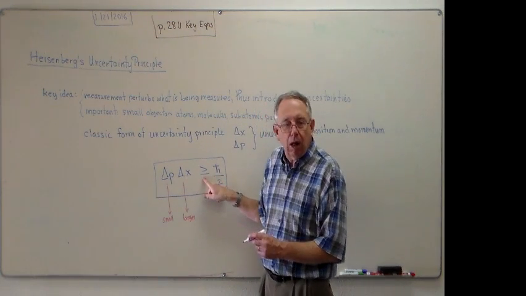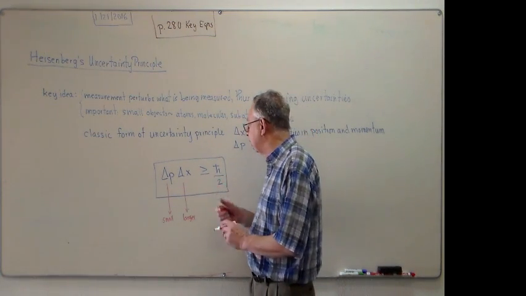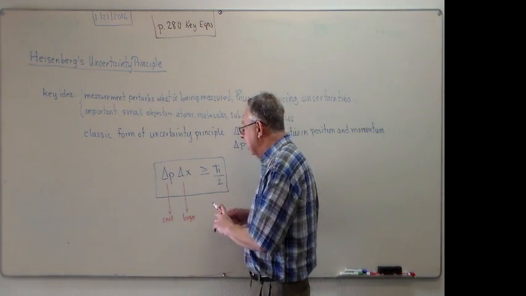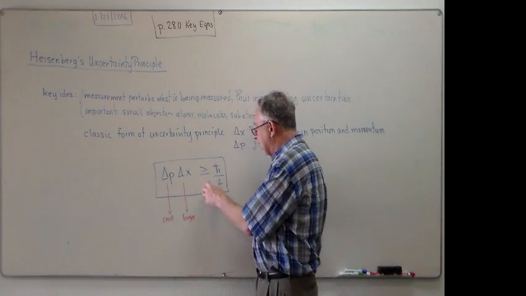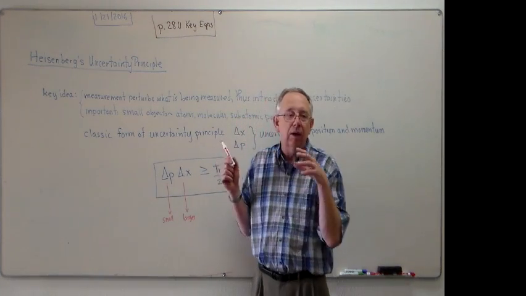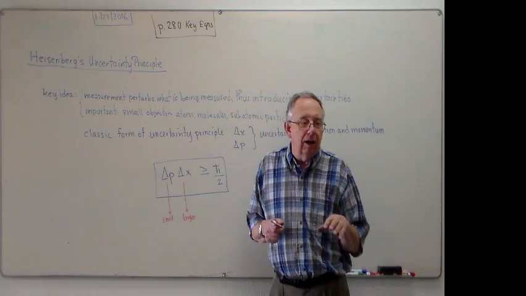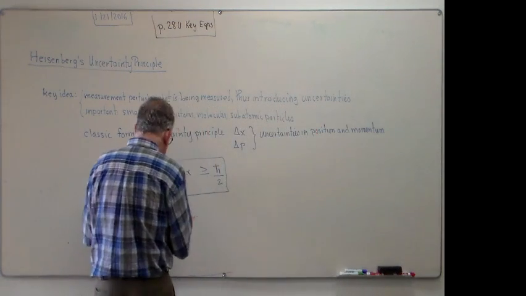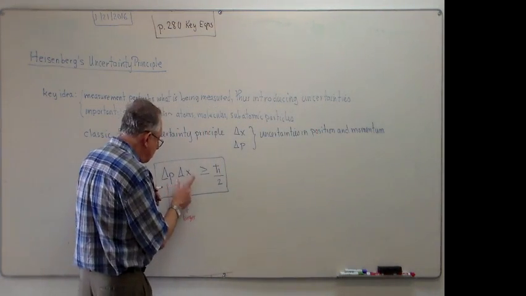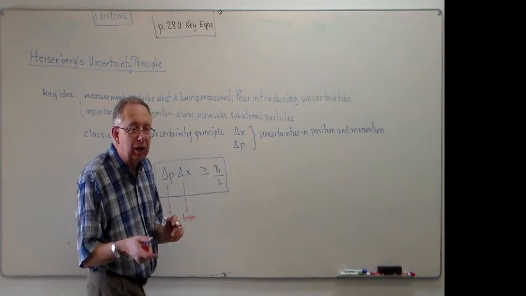Let's go to the equality: if you have a small delta p, you have to have a larger delta x for their product to equal h bar divided by 2. So if you get the momentum precisely, you don't know where the particle is position-wise.